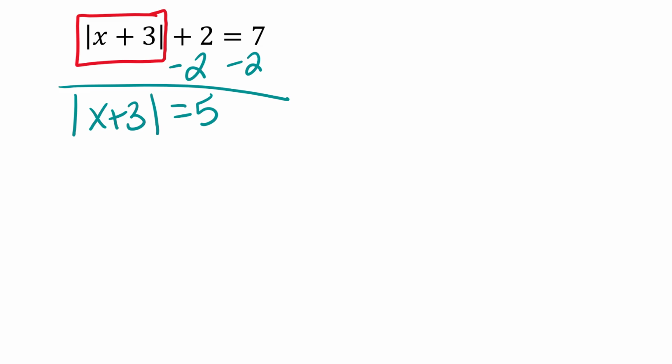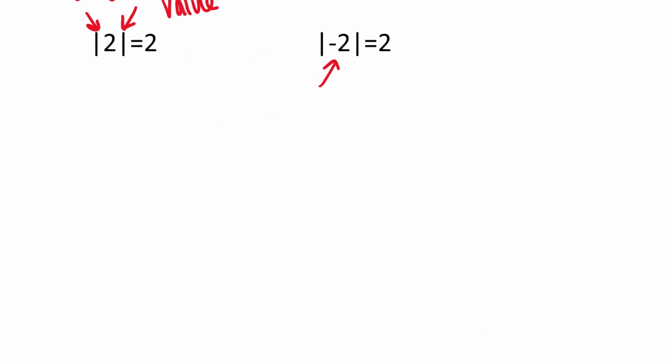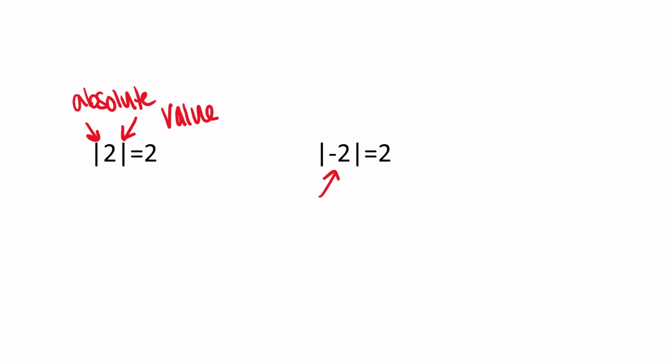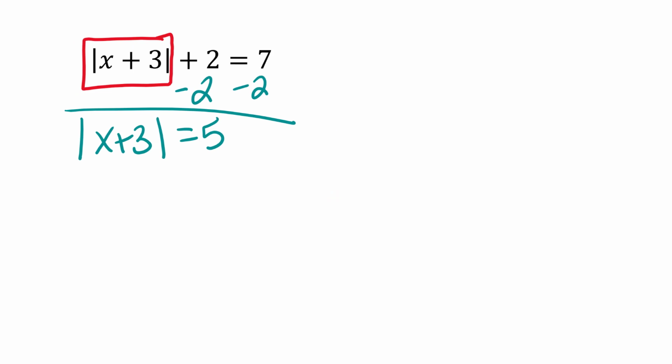Now, once our absolute value bars are completely isolated, we have another step we have to take, and it's really confusing for people. Remember up here, we had 2 different things that gave us the answer of positive 2. We had a positive 2 and a negative 2, because absolute value has 2 answers, which means that we're going to have 2 answers for this problem as well.